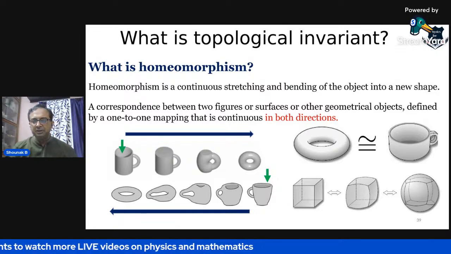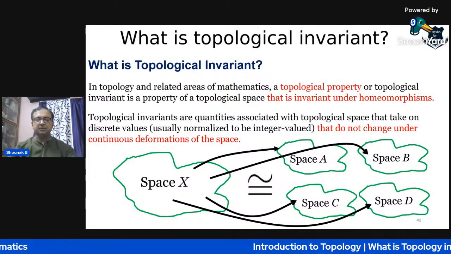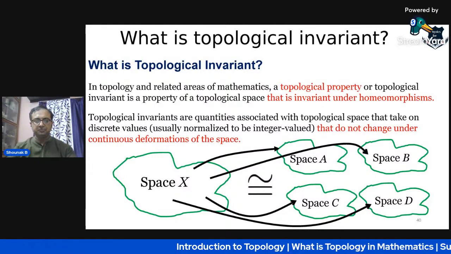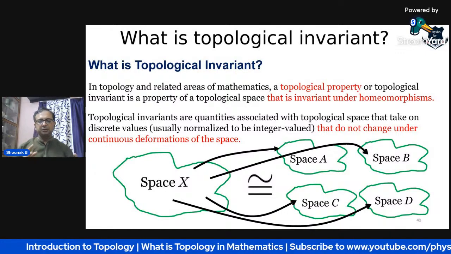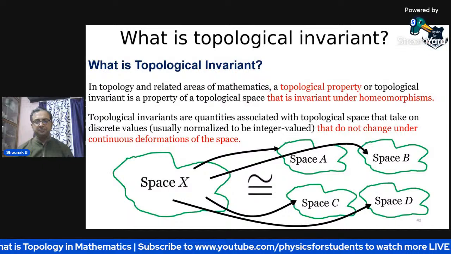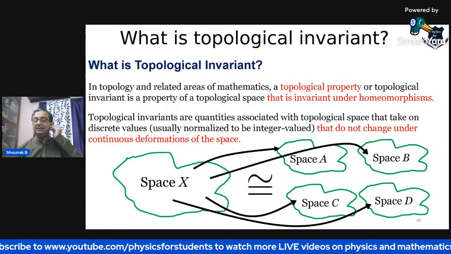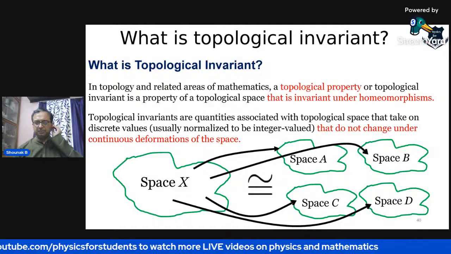So from here, I will directly take you to the next part, which is this one. You read this one and I hope it will be clear to you. You see here that in topology and related mathematics, a topological invariant or topological property is a property that is invariant under homeomorphism.